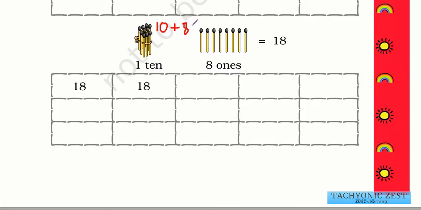So 110 and 8 ones is equal to how much? That is what we have to find. To find this, we know that this is already equal to 10. Now we will have to add 8 to it. So to add 8, again we will count. We know that here there are 10, so we will start from 11. So 11, 12, 13, 14, 15, 16, 17, 18.